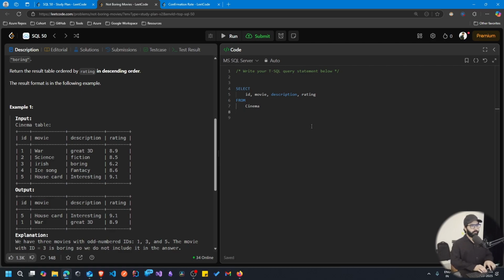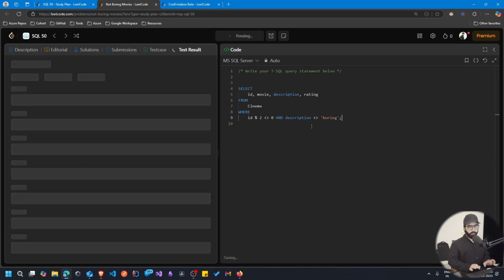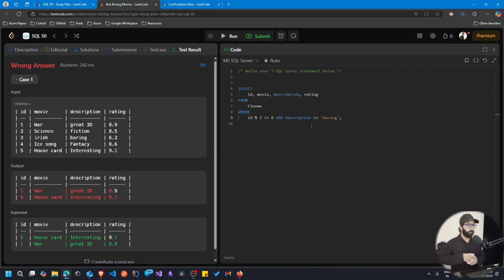Okay, simply use where id mod 2 not equal to 0 and description should not be boring. Will this work? Let's see. This should work. Oh, wrong answer.